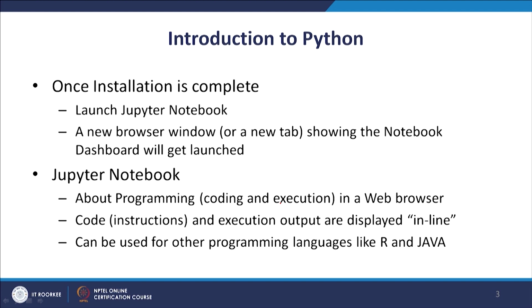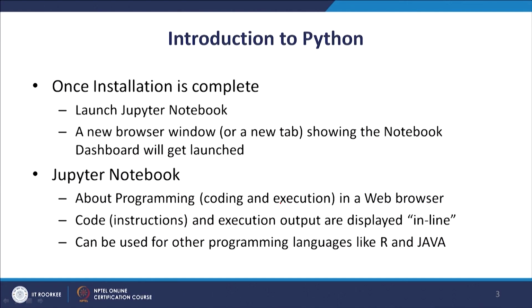So, first a console window will get opened, which will have all the logs about how the Jupyter Notebook setup is started, and then a new browser window, the default browser whatever you might have in your system, will get launched, and a new tab in that will be showing the notebook dashboard.